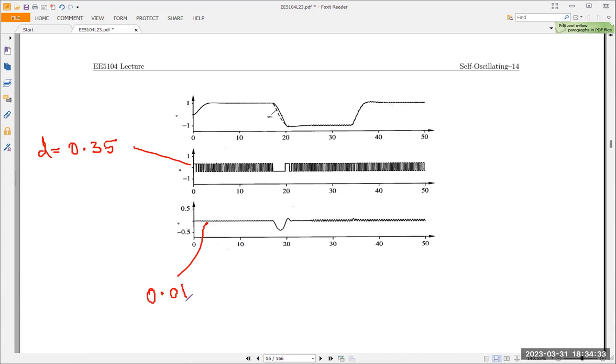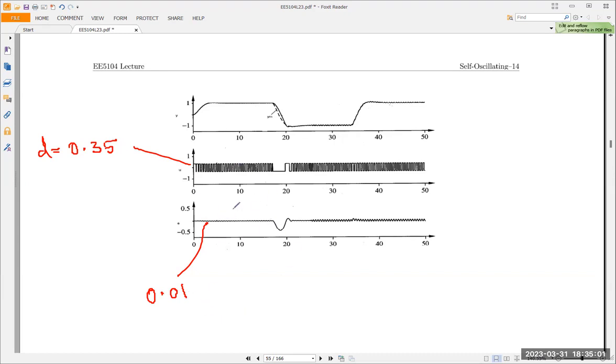All right. So how to do that? The trick is now you put in a lead compensator. So before you do that, you find out, okay, if the input is 0.35, the output is 1.